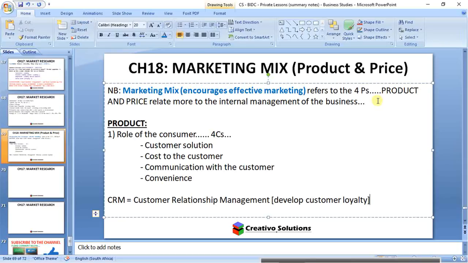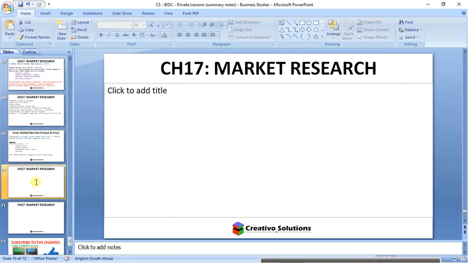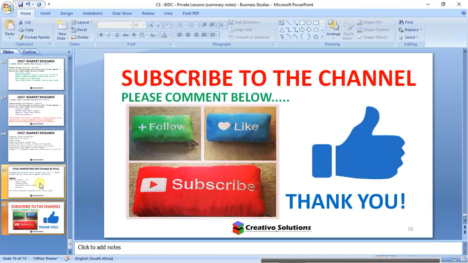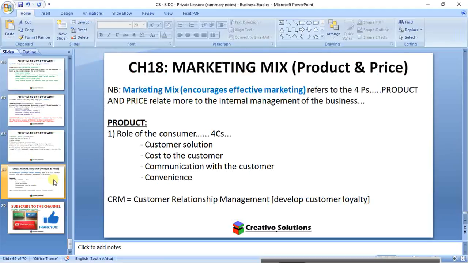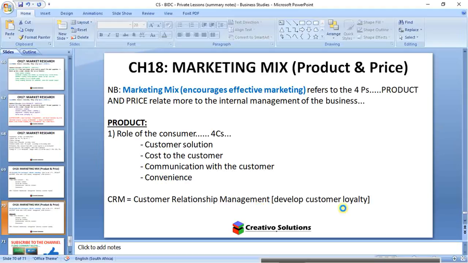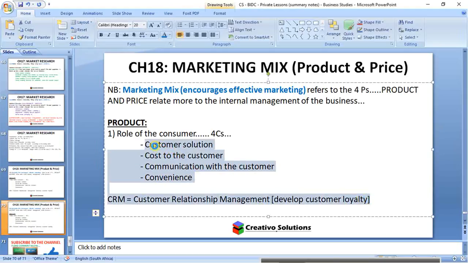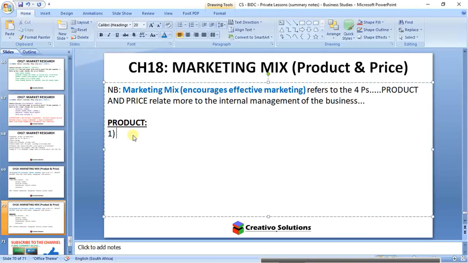Next point, marketing strategy. When you see the word strategy, what are you thinking about?